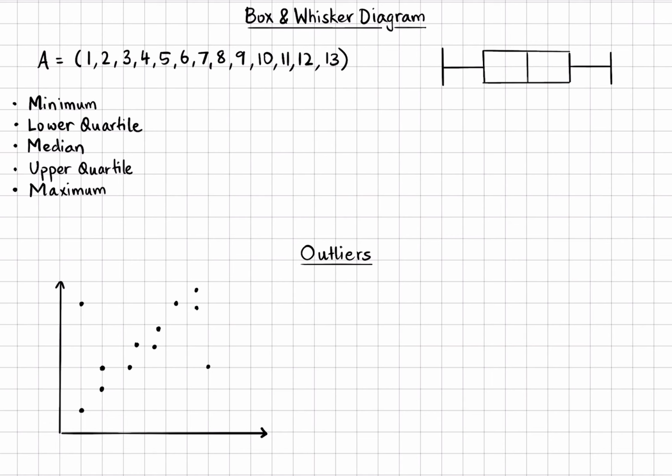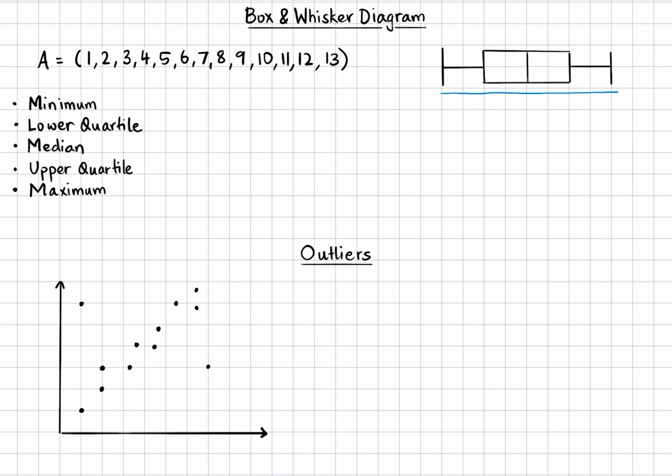Alright. So a box and whisker diagram is a way to represent a data set that will always look something like this. Just a box with a line going through it somewhere. It doesn't have to be in the middle of it. It could be somewhere just inside the box with two lines coming out of the box, like horizontal lines, and then ending with two vertical lines.